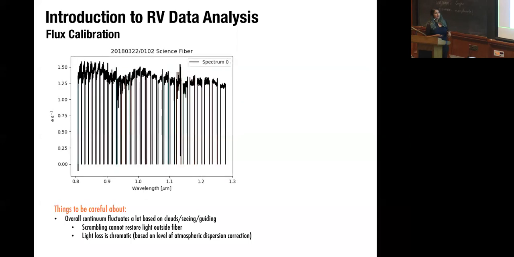You can't do absolute spectrophotometry, but you do need to correct all of the spectra back to the same level. Otherwise, you're weighting down all of the blue lines, and you're saying they're not that important for RV information content. This is also a tricky correction to make, but something you have to think about.